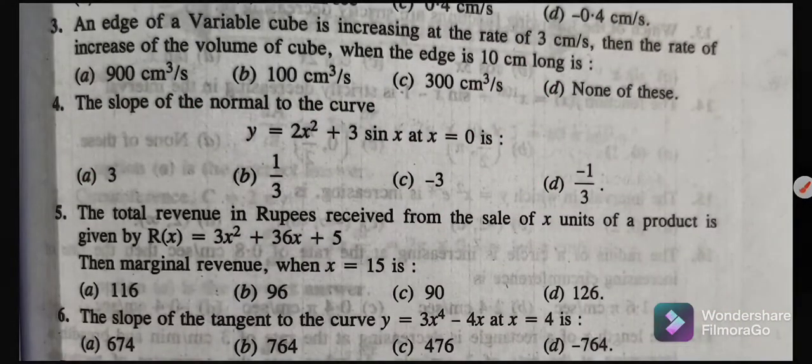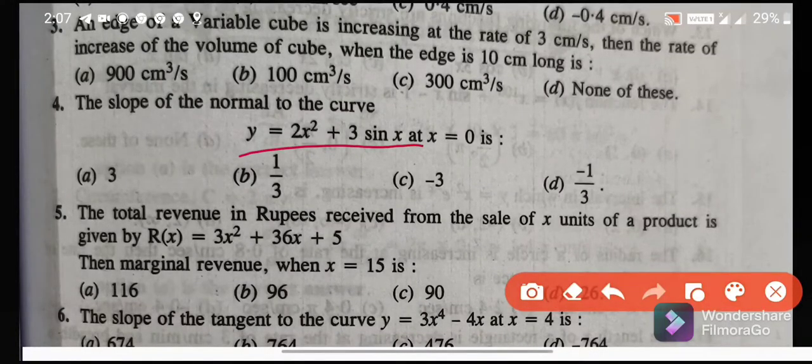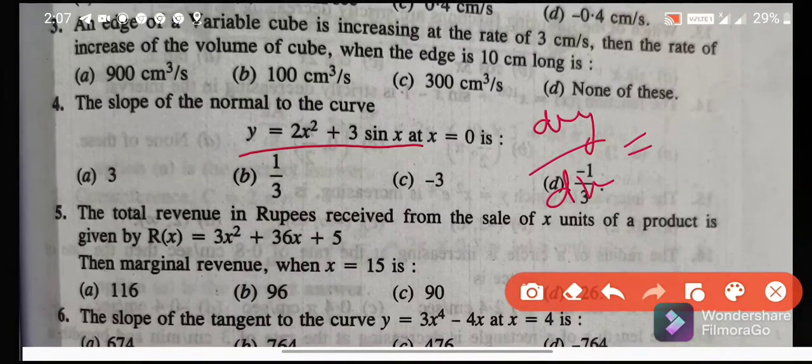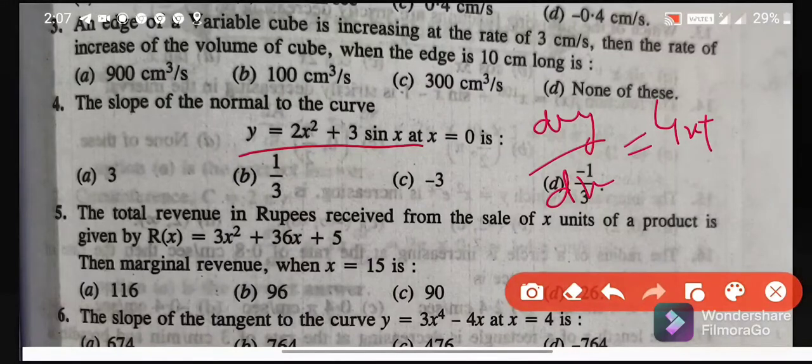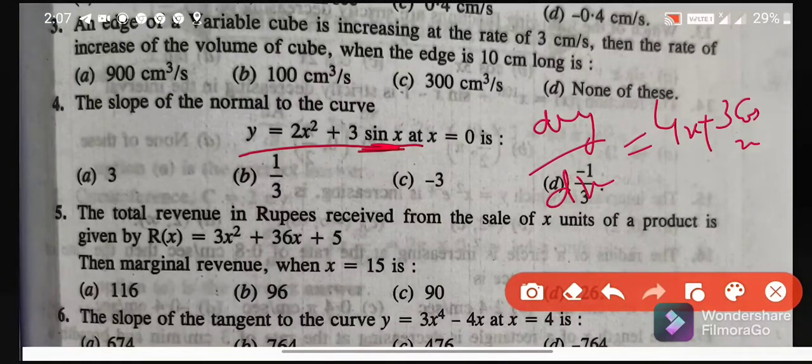Next question number 4. The slope of the normal to the curve. This curve is given, y is equal to 2x square plus 3 sin x. First of all, the slope of this curve, dy/dx, differentiate: 4x plus 3, and the differentiation of sin is cos, so 4x plus 3 cos x.